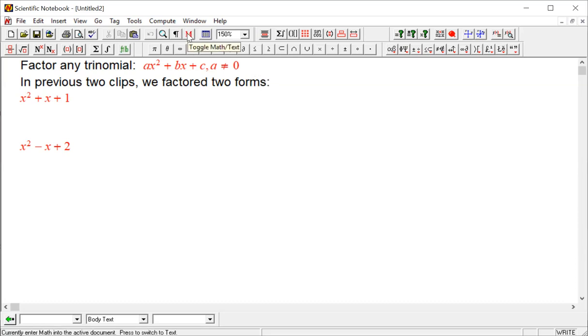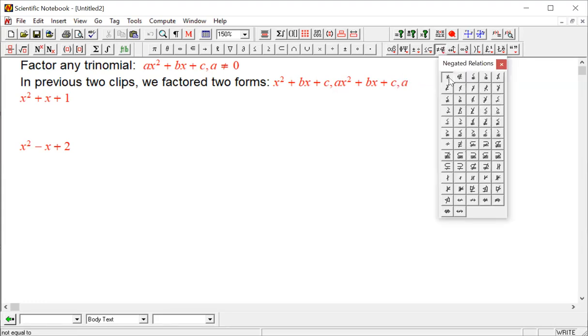One is x squared plus bx plus c, and the other form is ax squared plus bx plus c, where a, b, c are integers, right? Where a cannot be 0, of course.